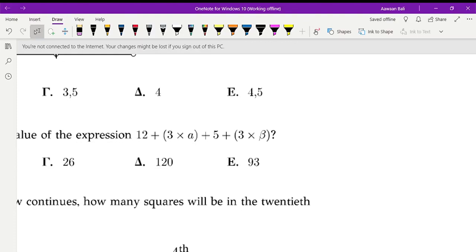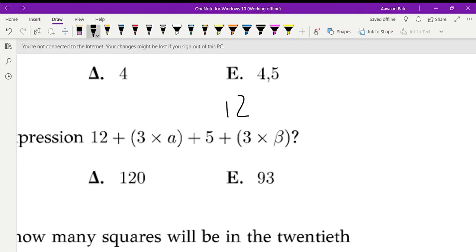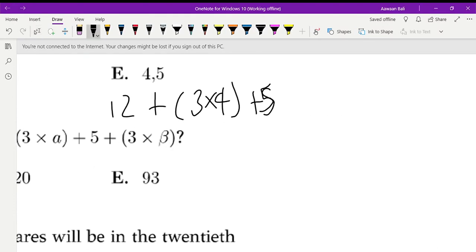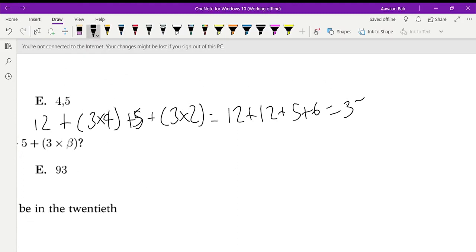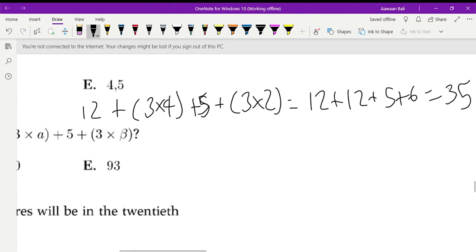So we're saying like 12 plus 3 times 4 plus 5 plus 3 times 2. So you get 12 plus 12 plus 5 plus 6. That is 35. And it actually works for other values too.